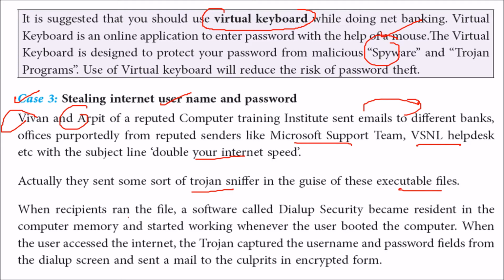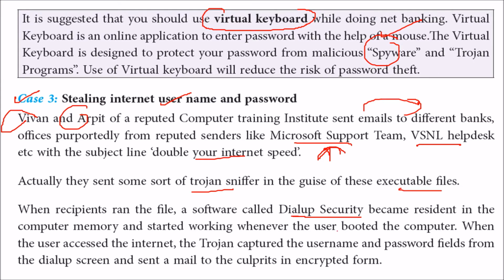executable file. So when the recipient, we are normal people, we are very kind people, and we are somewhat ignorant people, we don't think everyone is a bad person. So when the recipient like us ran the file, the software called dial-up security became resident in the computer memory.